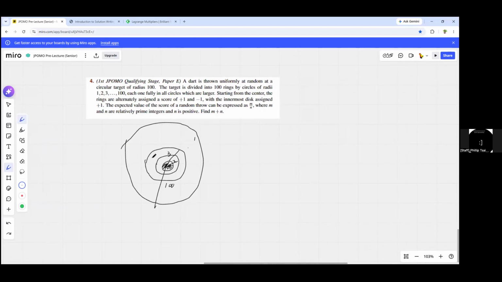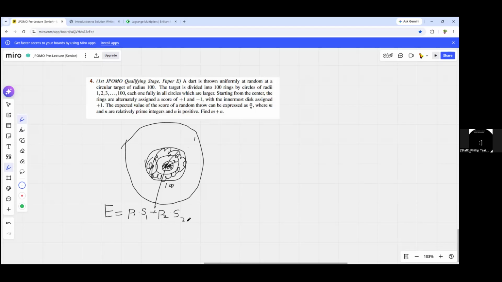The expected value is basically the probability that you will achieve an outcome multiplied by what you get from that outcome, and then you just add them all together, over all possible things that can happen.